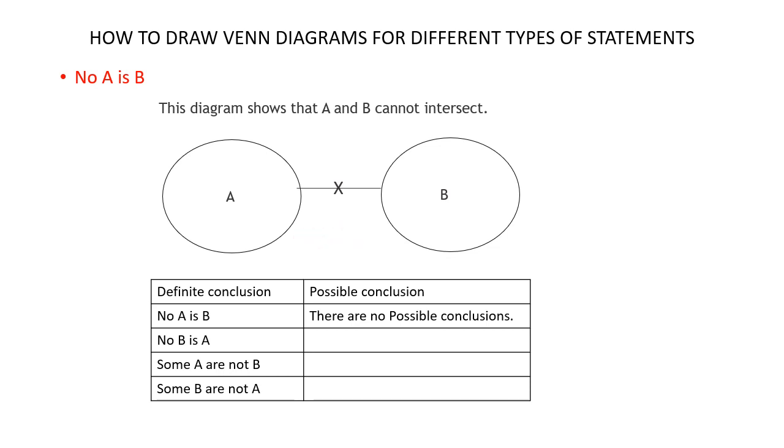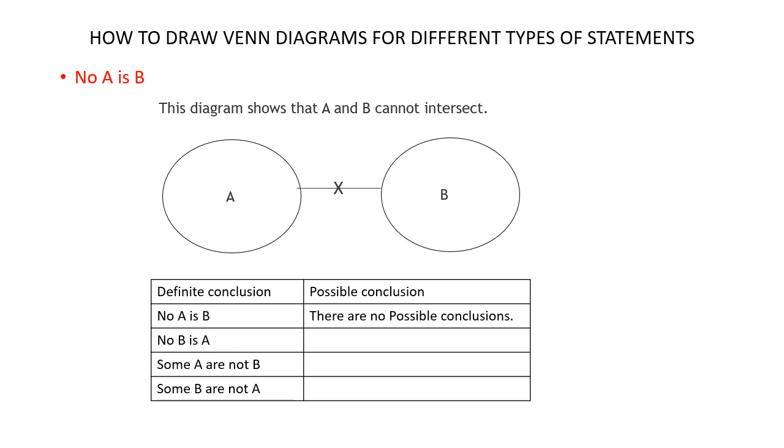Now, as you can see here in this Venn diagram, no element of A is connected with B. So, A cannot be connected with B. So, no A is B is a definite conclusion. Also, you can see here that no element of B can be connected with A. So, no B is A is a definite conclusion.